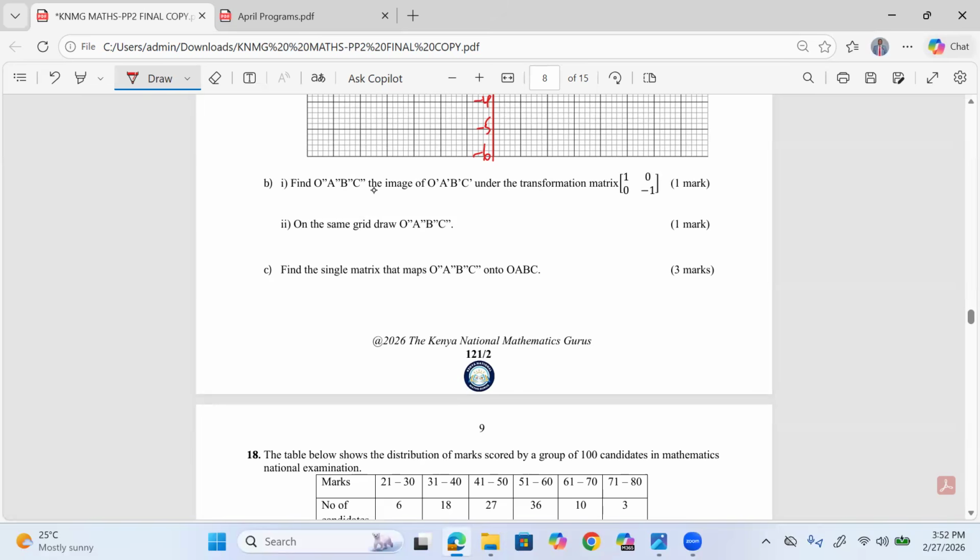So we need to have, okay, it starts with the matrix here. So it's 1, 0, 0, -1, like that. Then what are we multiplying?